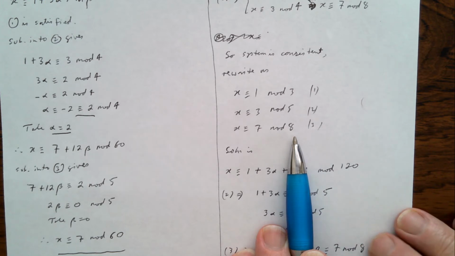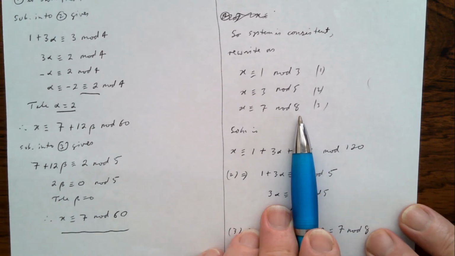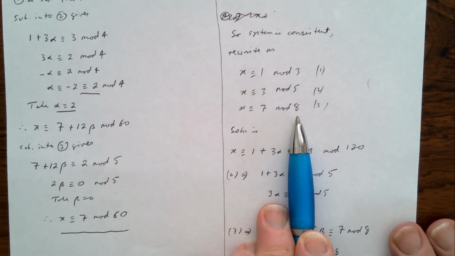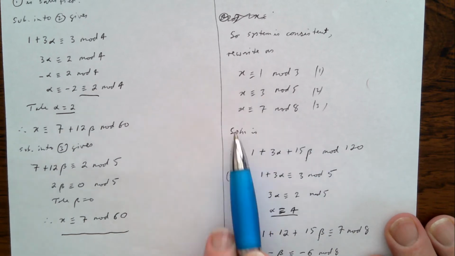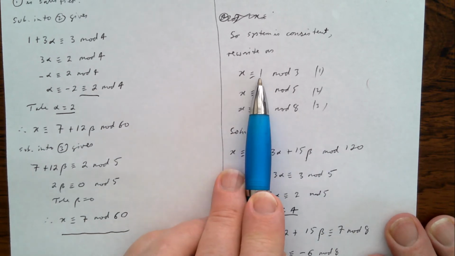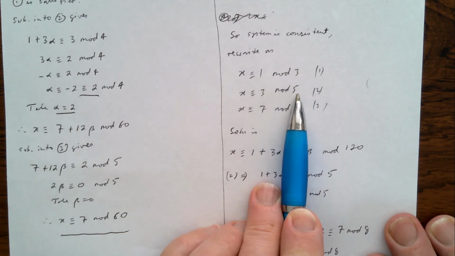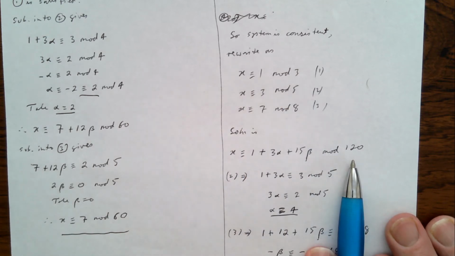So the solution, again, I'm just going to write down. We know there's a unique solution modulo the product of these three, which is 120. And again, I have x is congruent to 1, plus 3 alpha, plus 3 5s of 15 beta, and the answer is unique modulo 120.